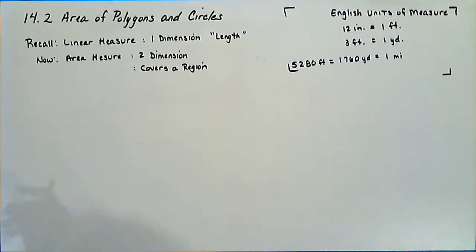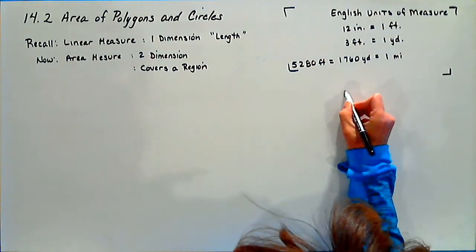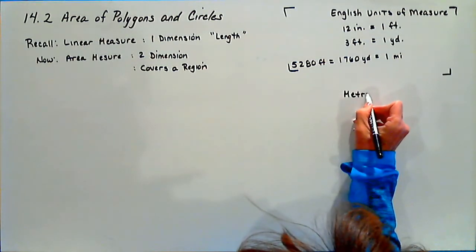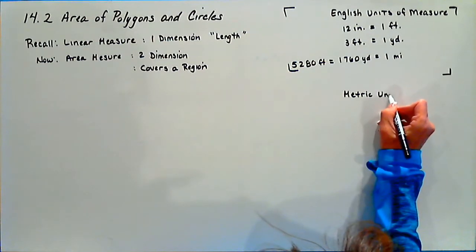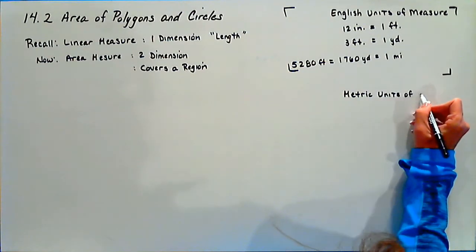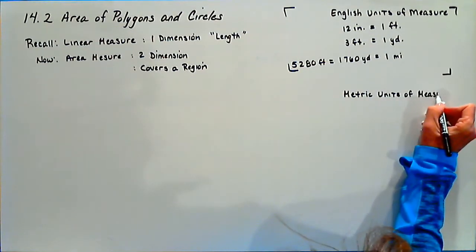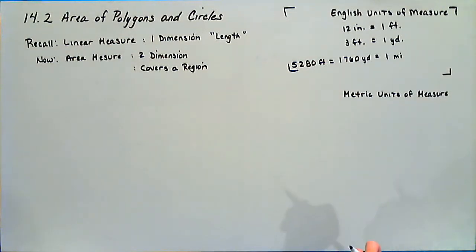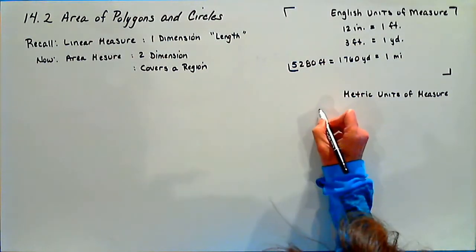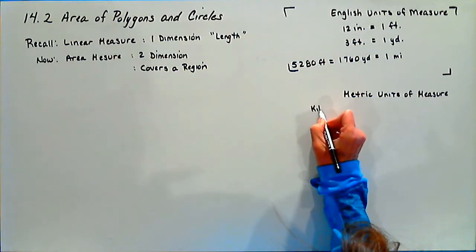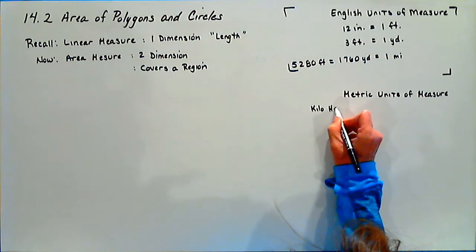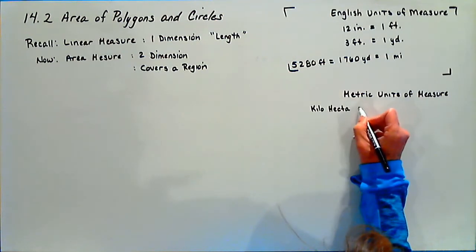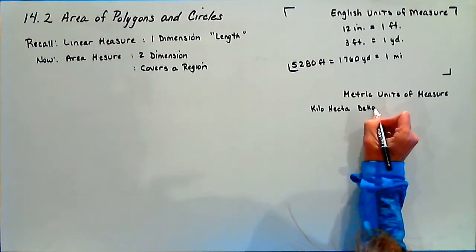So our metric, if we remember our metric conversions, we are always comparing in terms of our base unit. So let's refresh our prefixes: kilo, hecta, deca.